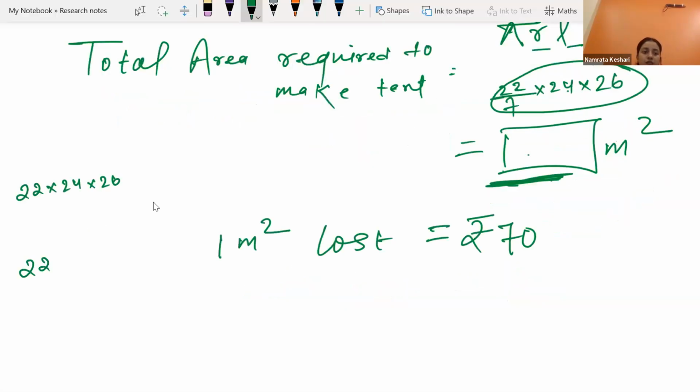Let me do it. I got 137280 rupees. Yes, Afreen has also got the same. 528, and if we multiply 26 with it, we'll be getting the value.